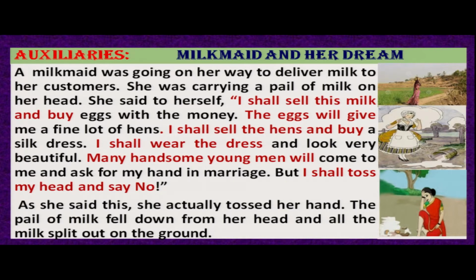Right? So my dear children, in all the sentences we find here shall and will. So let us discuss how we can use the modals shall and will perfectly, appropriately, accurately in our sentences. Right? Auxiliaries shall and will.